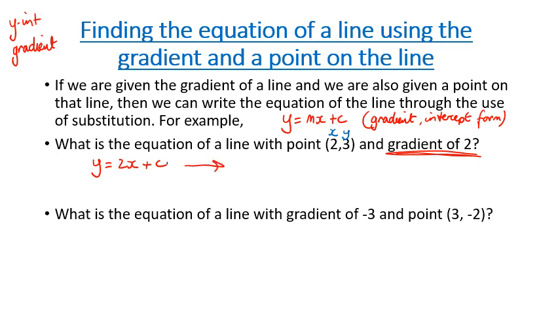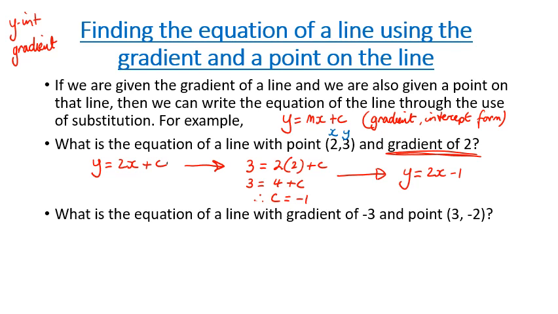So this becomes 3 equals 2 lots of 2 plus c. Now 3 equals 4 plus c, therefore c must equal minus 1. So our equation of this line would be y equals 2x take 1. So we've essentially substituted our x and our y values back into the equation in order to find c.